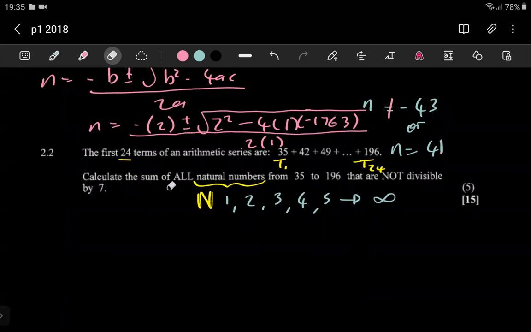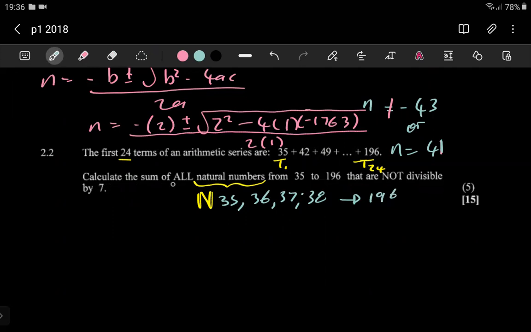However, if they're talking about natural numbers from 35 to 196, then you need to think of every consecutive number from 35: 35, 36, 37, 38, going on and on. These are all the natural numbers from 35 going to 196. It's consecutive numbers, one after the other.